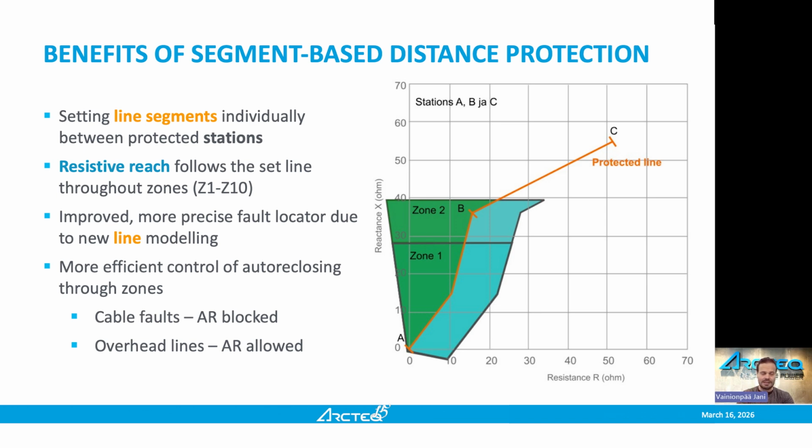For example, here we have 2 protected zones, but we can also add extra zones where we do auto-reclosing only when the fault happens on the overhead line. But if the fault happens on the underground cable, then we can block the auto-reclosing and it will never happen. So there are these types of benefits here.